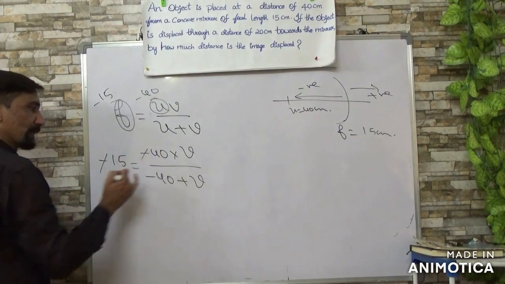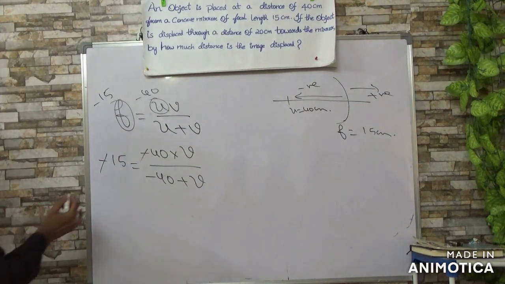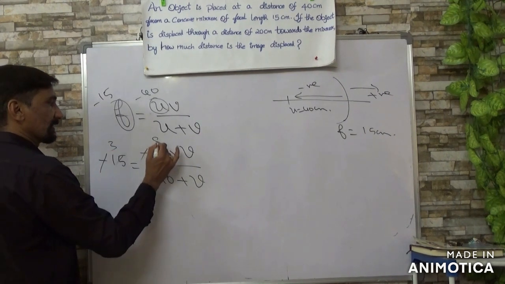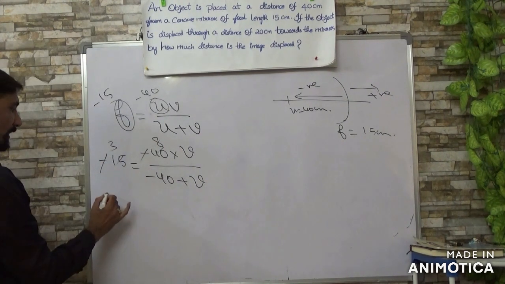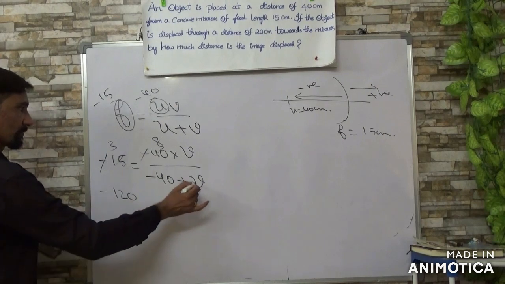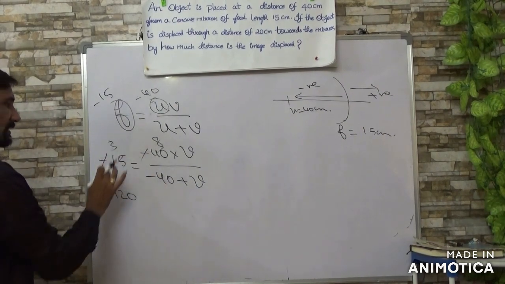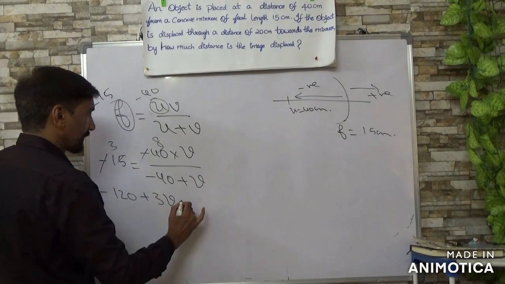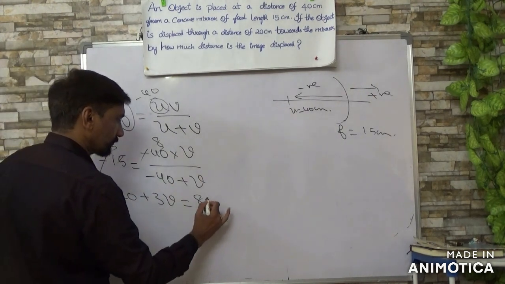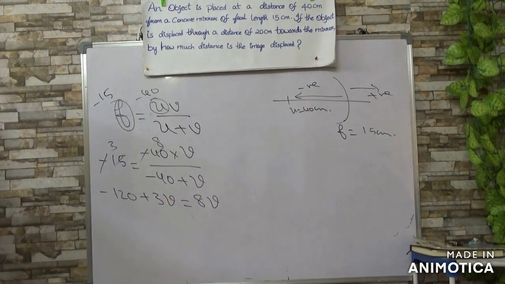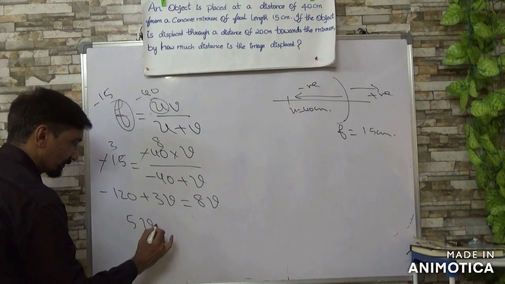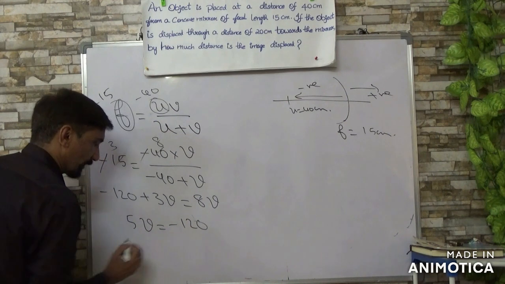Minus cancelled. 15 fives are 75, 15 eights are 120, so you get minus 120 plus 3v equal to 8v. Take this to the other side, 5v equal to minus 120.